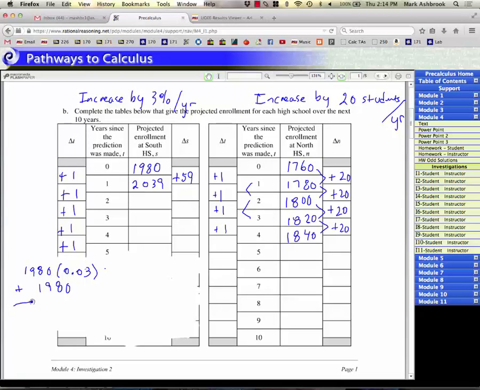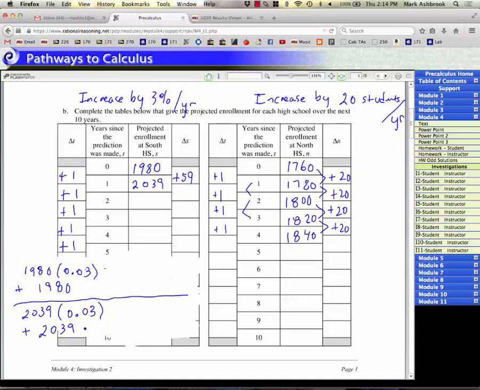Okay? And so then, how are we going to get the enrollment the next year after that? So now I've got 2039. Okay? Yep, that's what we're going to do. So get 3% of it and add it to what you started with, right?